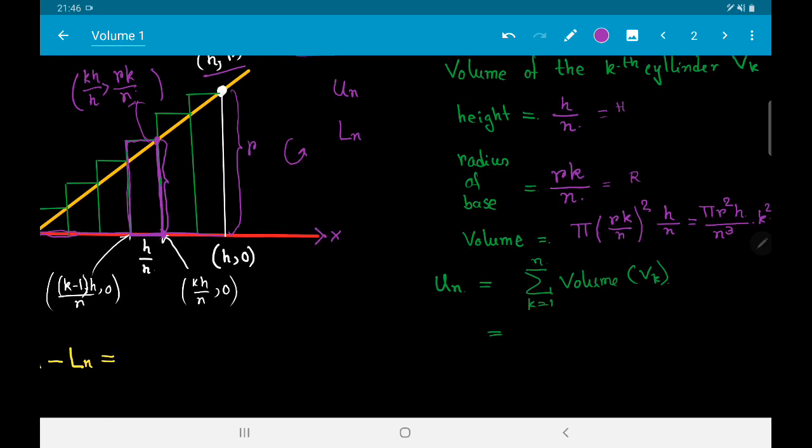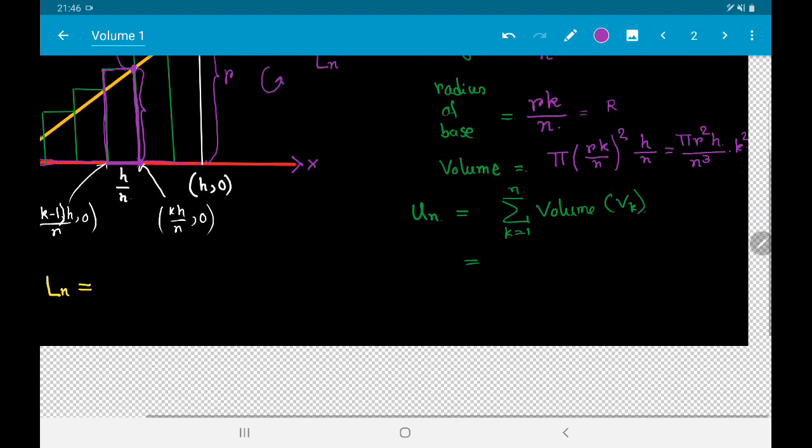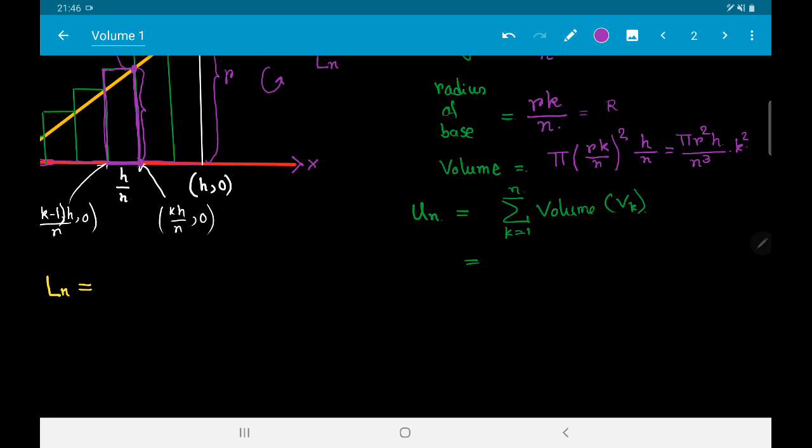Now we are going to make use of our third axiom, and what we are going to do is add up all these quantities. So we get the sum over k equal to 1 to n of pi r square h by n cubed times k square. This whole thing is independent of k, and this can come out of the summation.